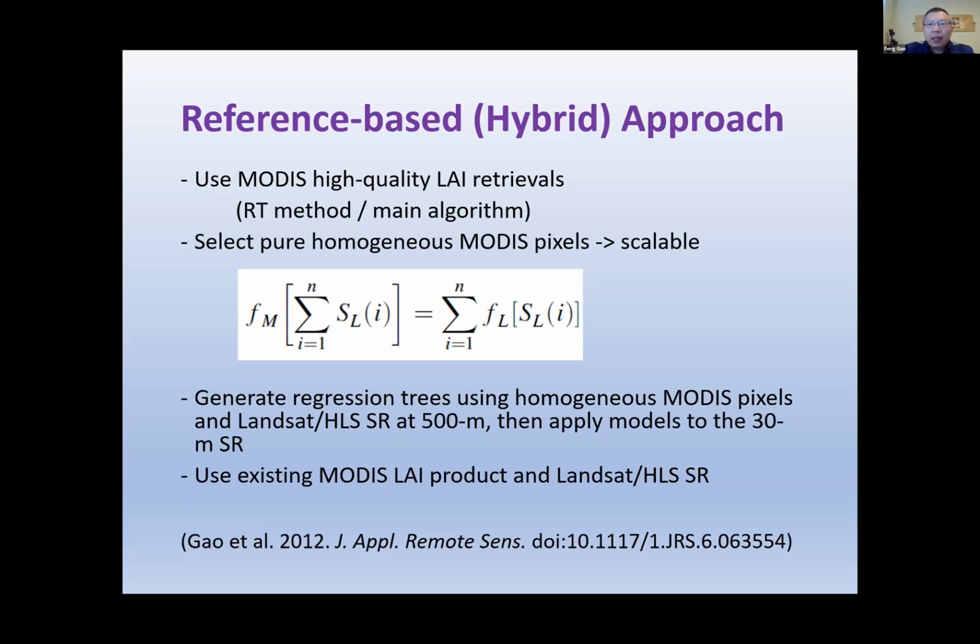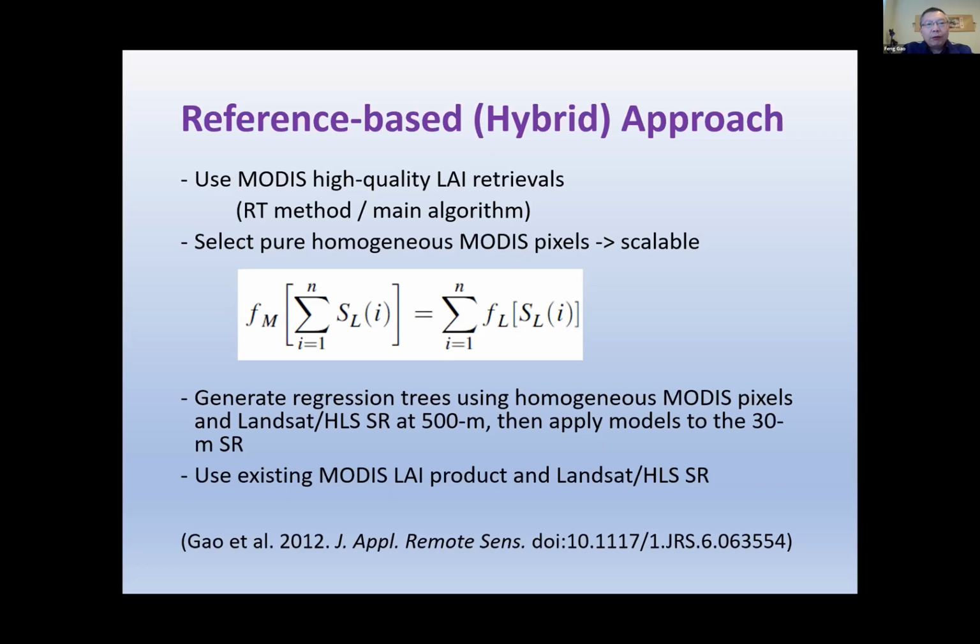The assumption is that because the leaf area index has a nonlinear relationship to surface reflectance, as we see from this equation, the sum of the surface reflectance, or the sum of the leaf area index, at a fine resolution and at coarse resolution are not equal for heterogeneous areas. So we need to constrain our samples to pure homogeneous pixels to make this function equal, so that the relationships at different scales are scalable.